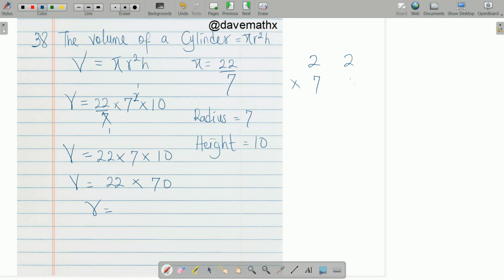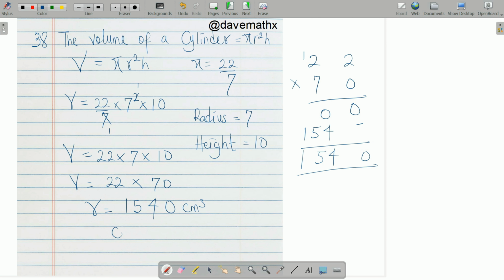We then multiply 22 times 70. The final answer becomes 1,540 centimeters cube. Cubic centimeter because we're dealing with volume.